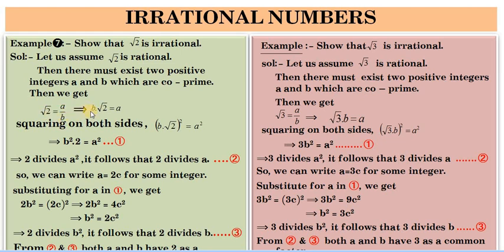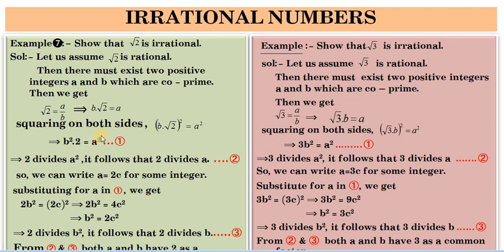From this we get b into root 2 is equal to a. Now squaring on both sides, what happens? b into root 2 whole square is equal to a square. Now this implies b square into root 2 whole square means it is 2.